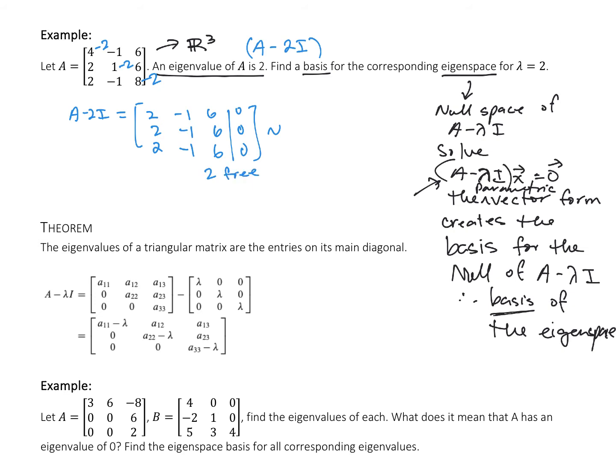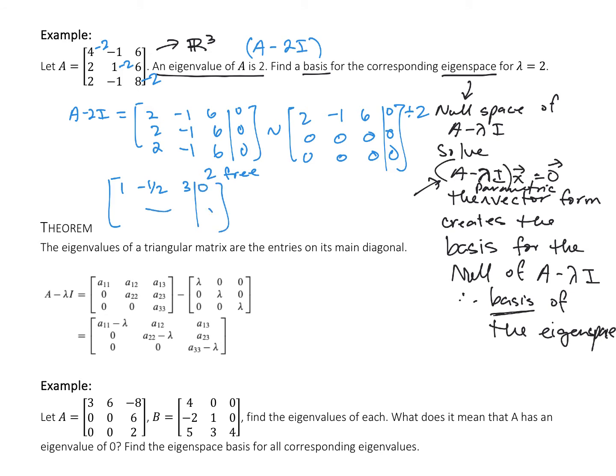I can get this down very quickly to 2, negative 1, 6, 0, and zeros everywhere else. And then just for fun, if I divide this top one by 2, I'm just trying to get x1 by itself, so 1, negative a half, 3, 0, and the rest of it.